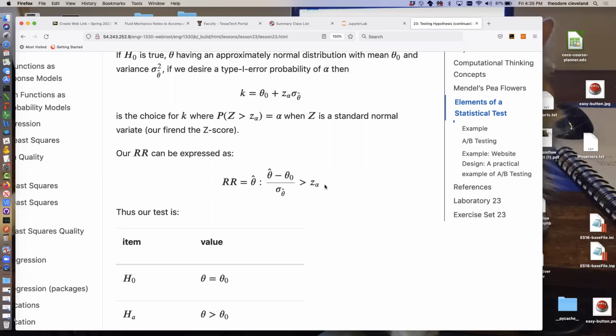Where do we get the z of 5%? In your statistics class, you'll look it up in a table in the back of the book. In our case, we can just go ahead and generate a normal distribution and integrate it until we get up to 5%. So that's something that we have to do, calculate or look it up.